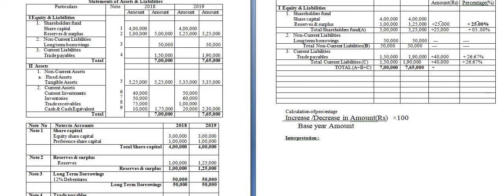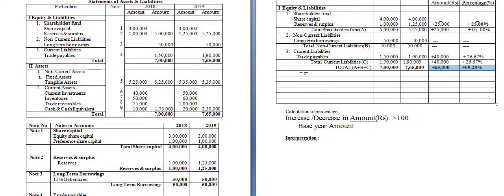The amount is increased by 65,000. Now find out the percentage. 65,000 divided by 7 lakh into 100 is equal to how much percentage? 9.28 percentage. So this is the liability side of the balance sheet.